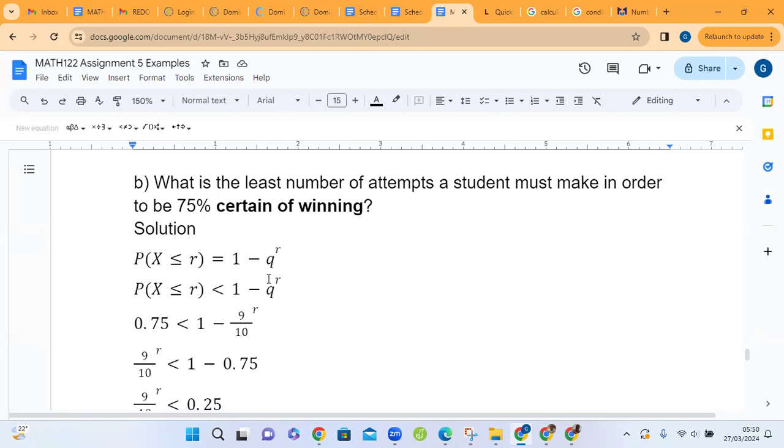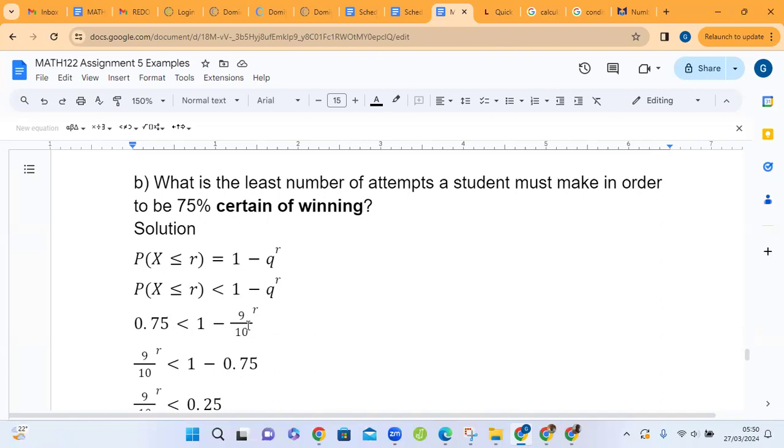Now, further analysis will show that you want this probability value to be greater than whatever that value gives you with regards to the number of times that you tried, to be 75% certain. So therefore, that's 0.75 less than 1 minus 9 over 10 to the R, because Q is 9 over 10.